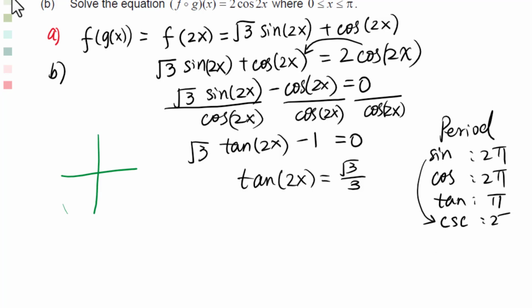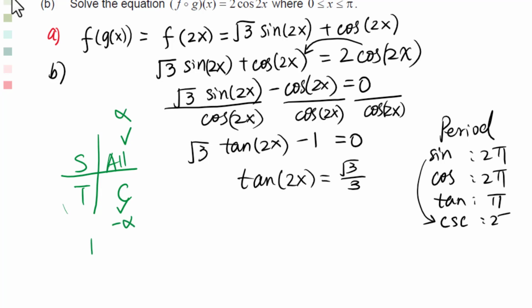Let's go to the unit circle. All students take calculus. For tangent, if it's positive, we will use the first quadrant, with reference angle alpha. If it's negative, we will use the fourth quadrant, negative alpha.